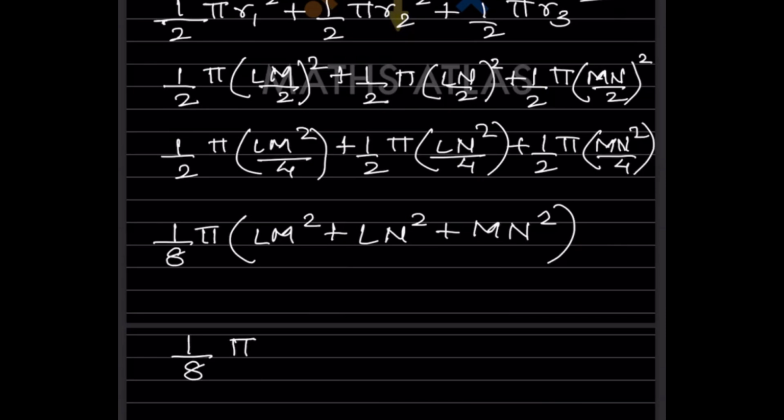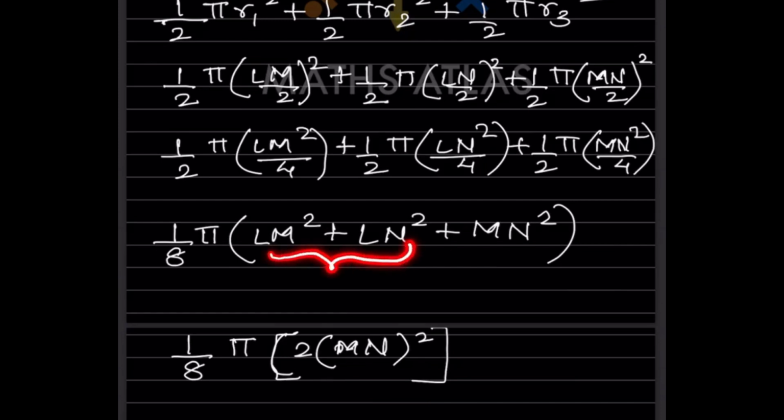So now let us write this part as 2 MN square. Hope this is clear. For this one MN, and this already we have MN square. So for this part we can write MN square plus MN square, that is going to be twice MN square.